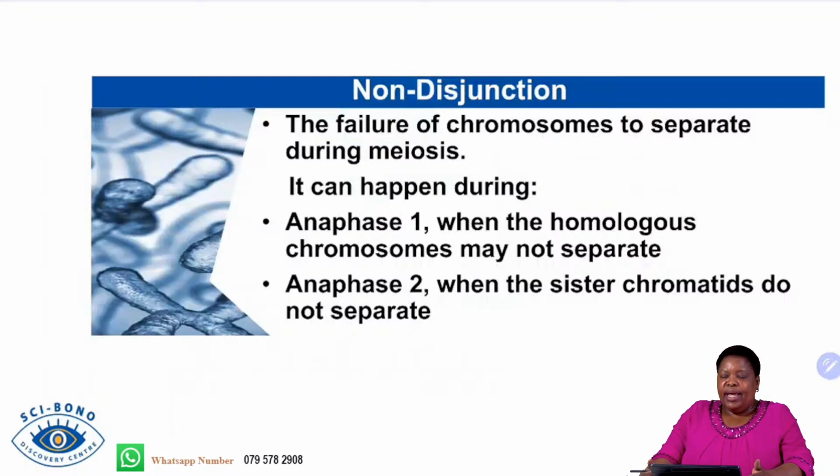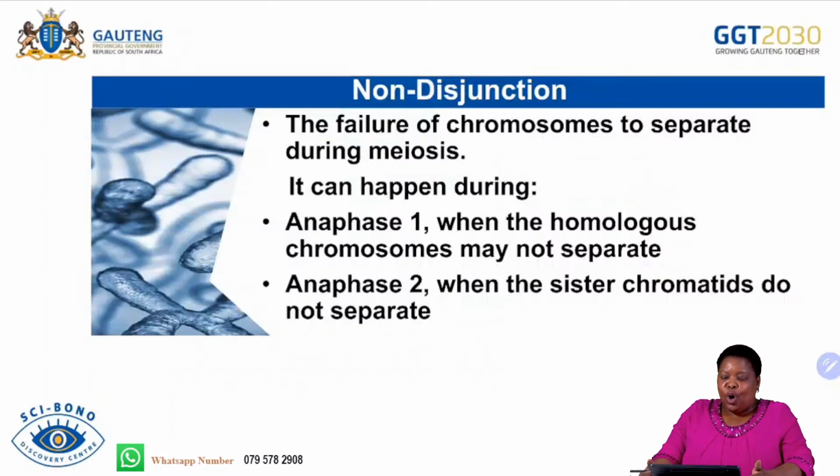Let us check. In anaphase 1, what happens? The homologous chromosomes may not separate. It's important to indicate that the chromosomes are in their homologous pairs. So in anaphase 1, the homologous chromosomes may not separate. What about in anaphase 2?